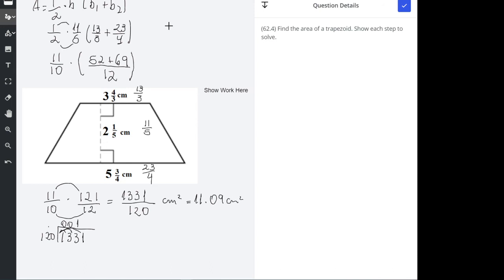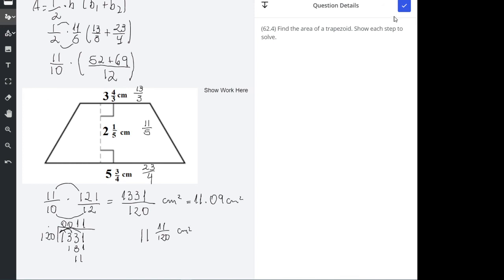And 133 minus 120 is 13, and bring down the 1. 131 minus 120 is 11. Here is my mixed number. 11 is the whole number, because here is the quotient. My numerator will be 11 again. My denominator, 120. And here is the solution for this one as a mixed number. Great. Centimeters squared, don't forget the unit, okay?